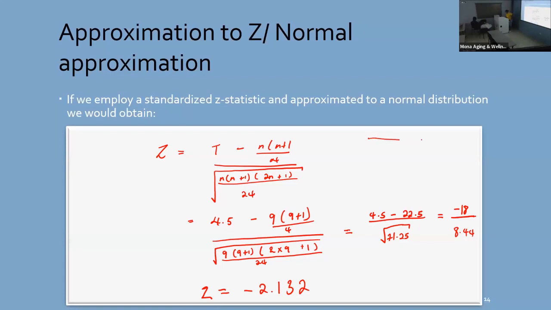What I want to point out to you is that the sum of the negative ranks is 4.5, and then the sum of the positive ranks is 40.5.